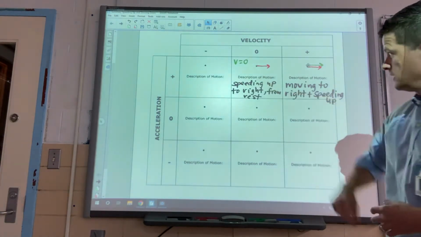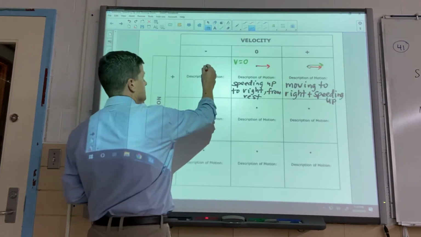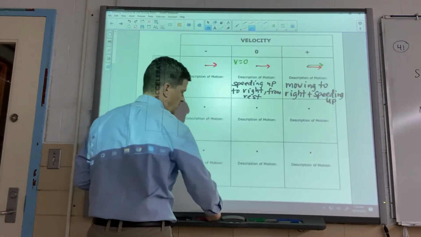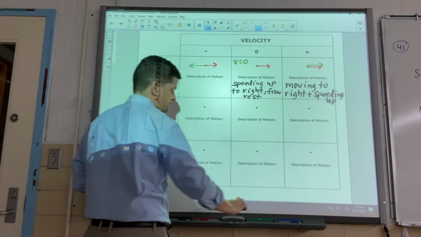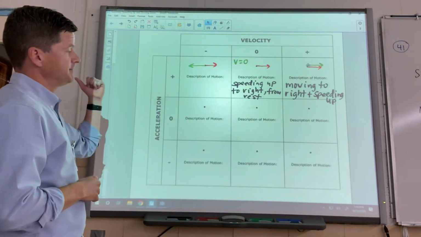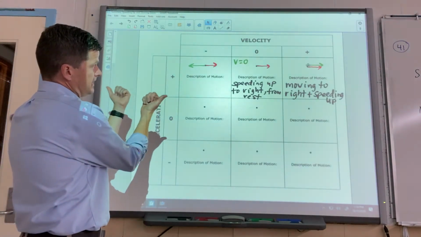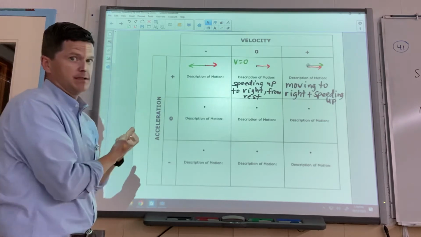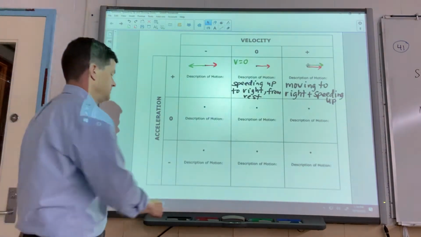Okay, on the left here, we've still got positive acceleration, but negative velocity. So the negative velocity entails that the object is moving to the left. If the acceleration vector opposes it, that means that the velocity is decreasing. This object would be slowing down while moving to the left.